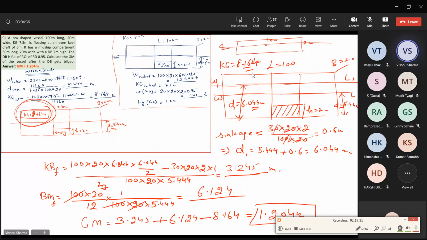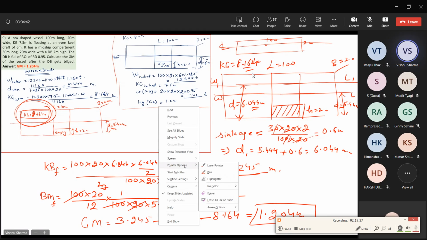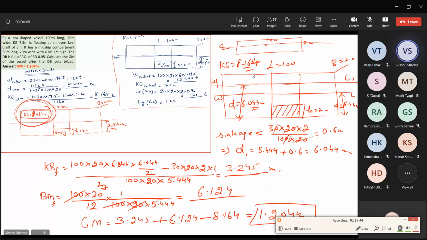Okay. So guys, whenever there is a liquid in the tank, from the initial condition, let me change to the green marker and write this here: from the initial condition, you will work out an imaginary condition called the intermediate one. This word is not a standard word and people can use it differently also, no problem.